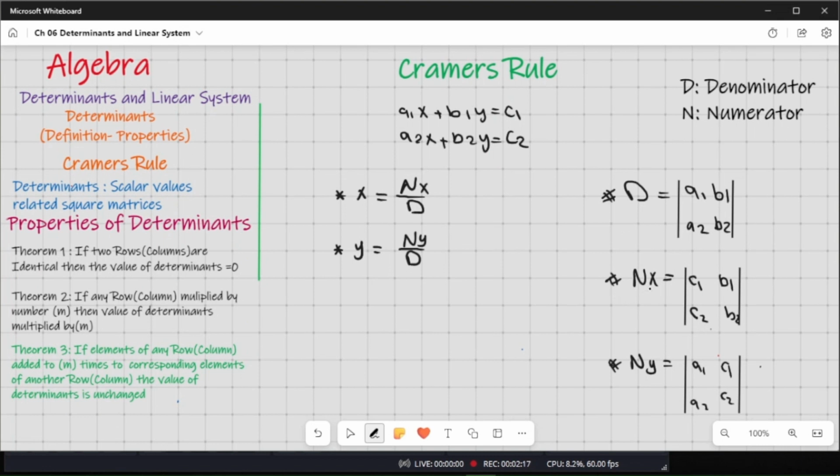Just in nx and ny, replace the coefficient of x by the free term, and here replace the coefficient of y by the free term.